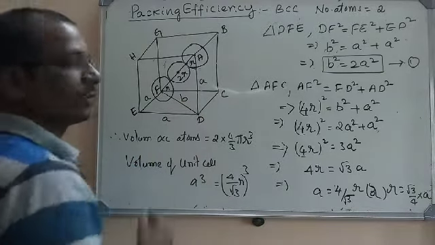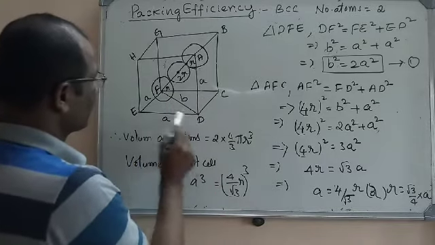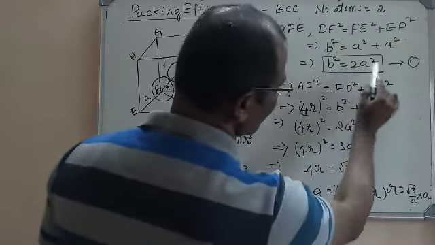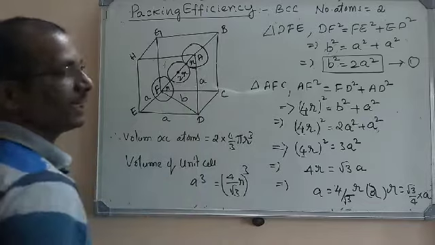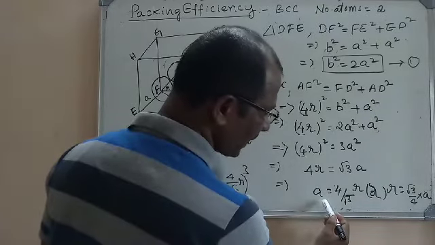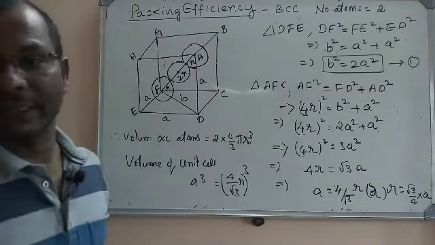These will be in contact with each other. From the first triangle EFD, I derived b square is equals to 2a square. From the second triangle, I derived a is equals to 4 by root 3 r. Now we are going for the final substitution.